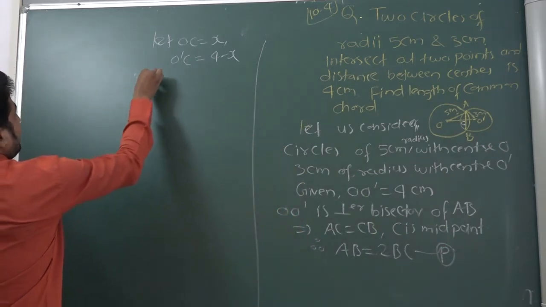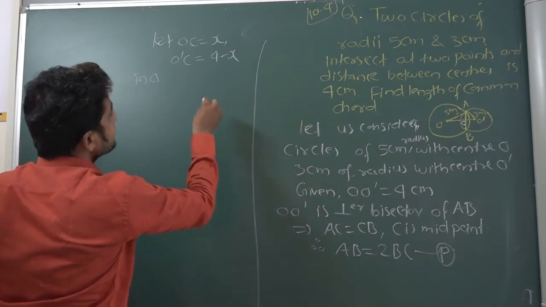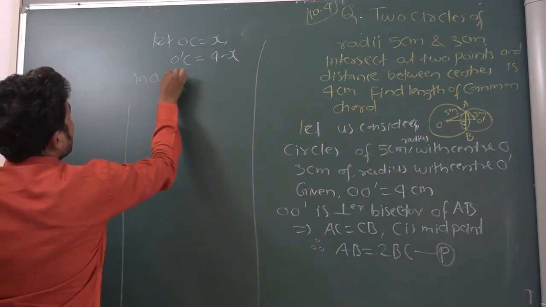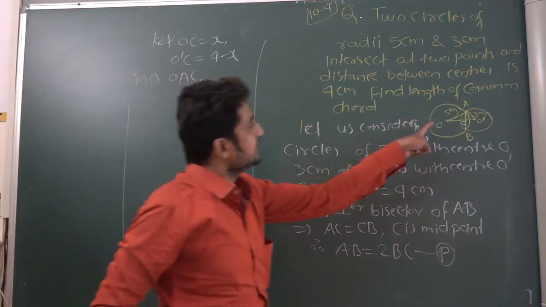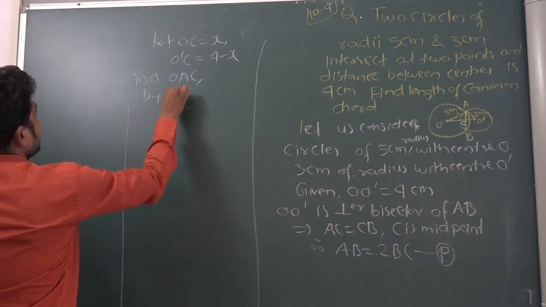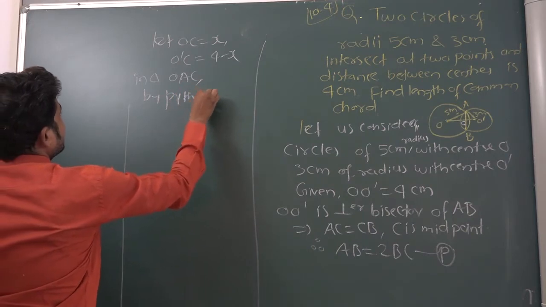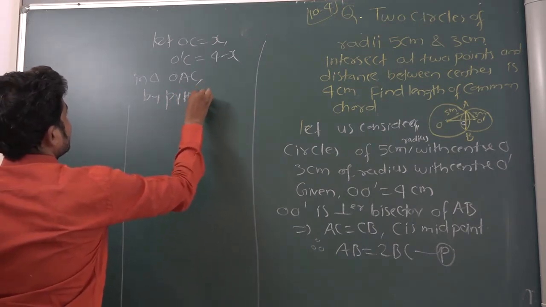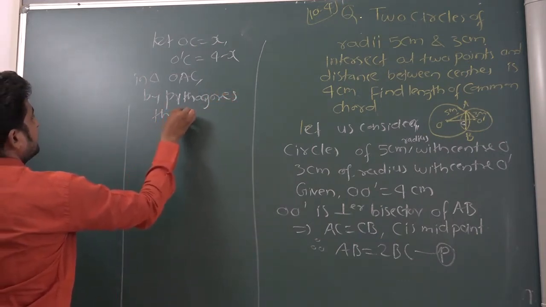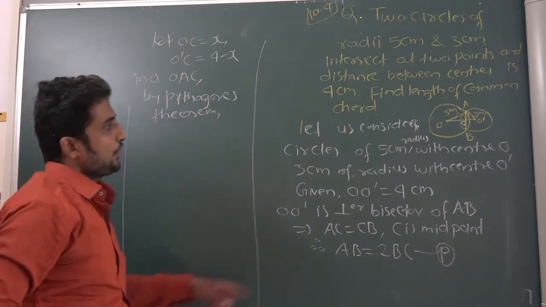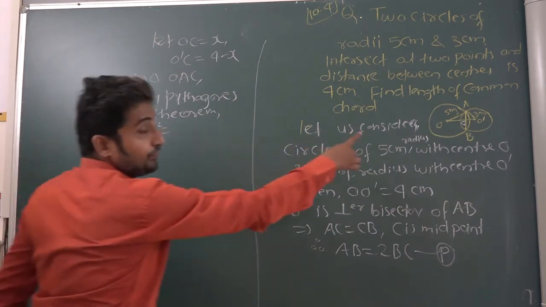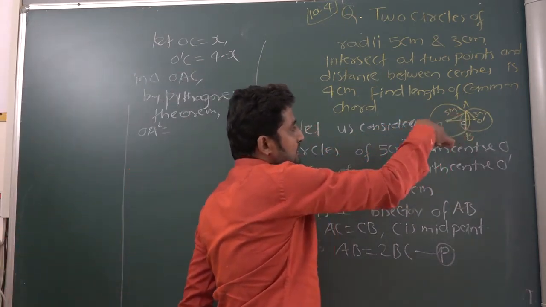Now, in triangle OAC, by Pythagoras theorem, OA square is equal to AC square plus OC square.